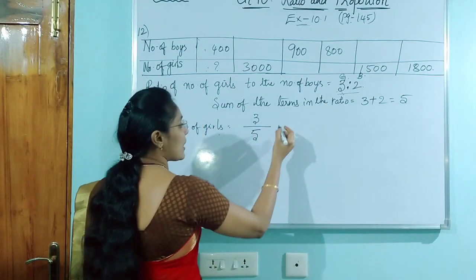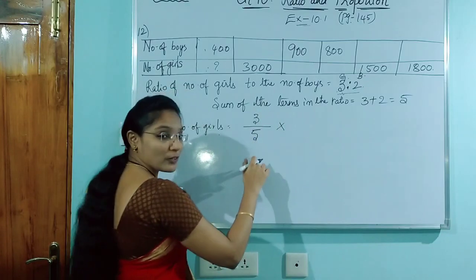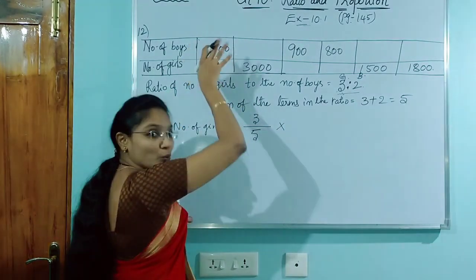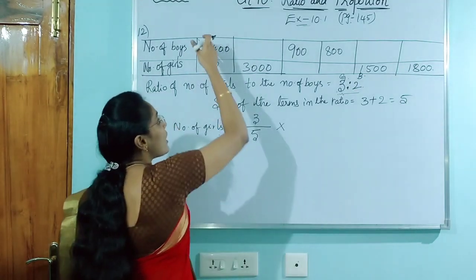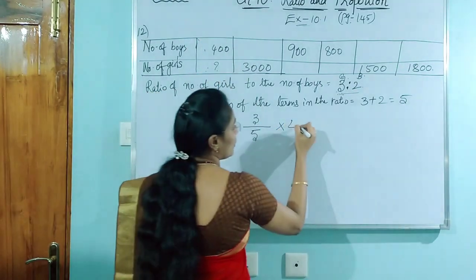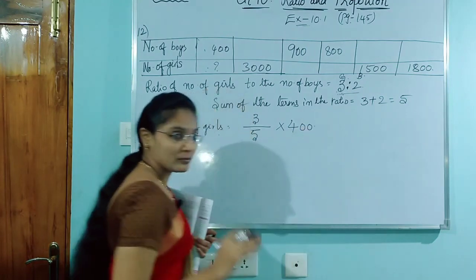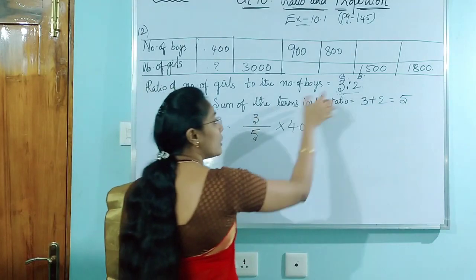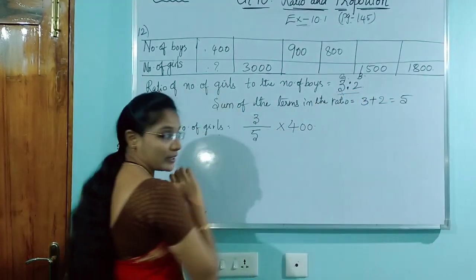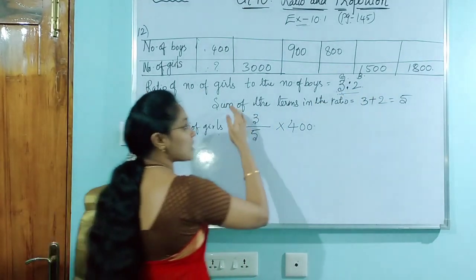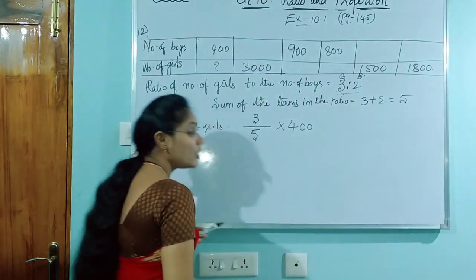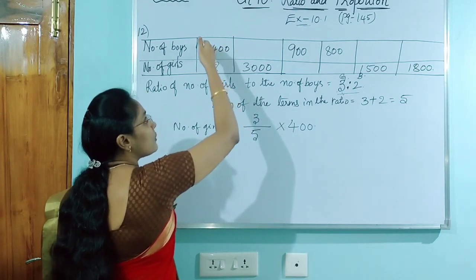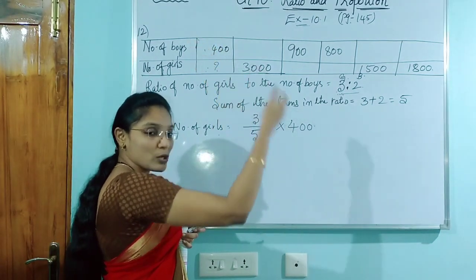We get a fraction, and we have to multiply it with the information we have. We have the boys information, 400. That term in the ratio is the numerator, the denominator is the sum of the terms, and into that fraction you multiply the data which you have.